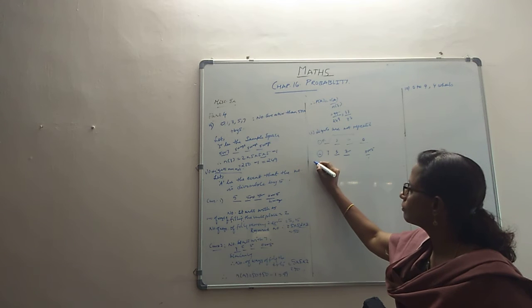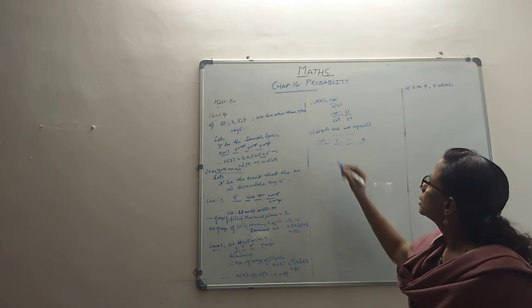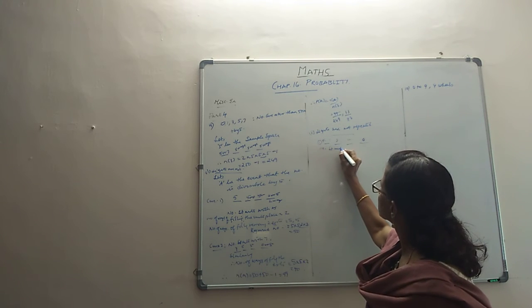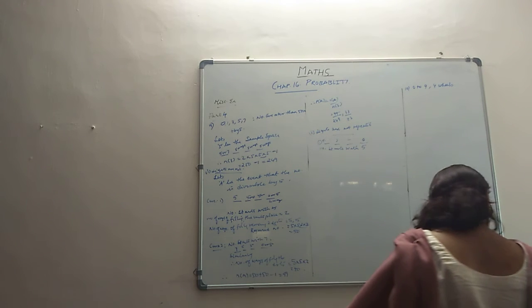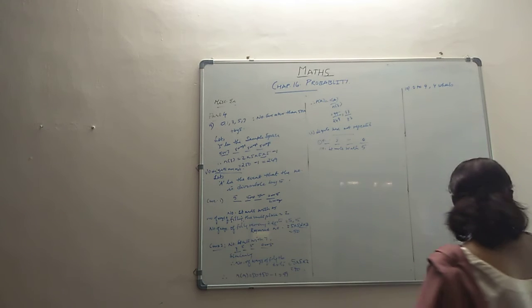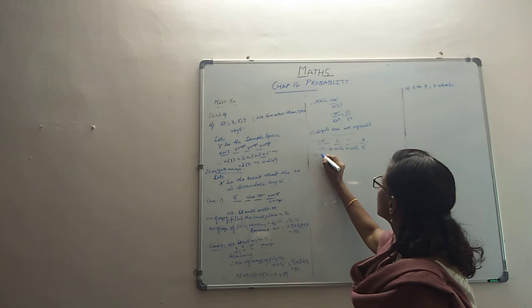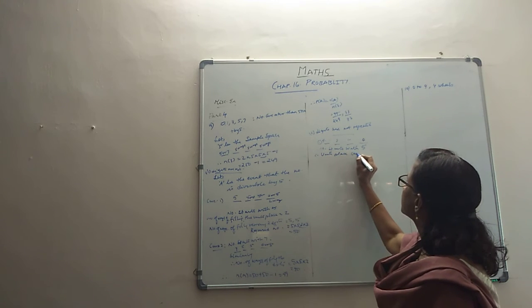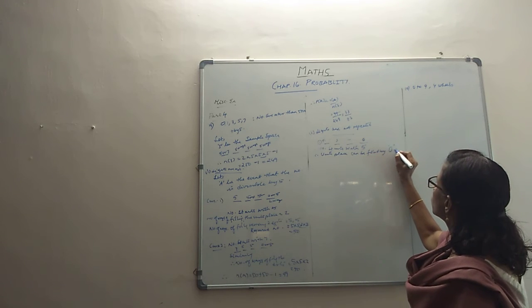So we better write it there itself. The number starts with 5. So therefore units place can be filled by 0 only.